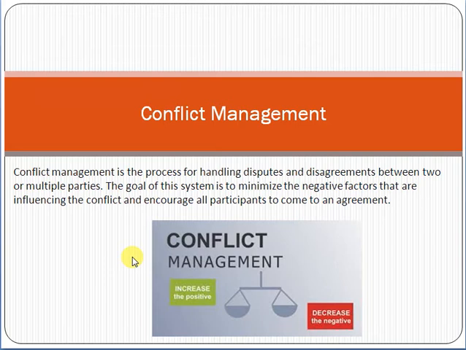Always remember that conflicts mean disagreement between two parties or multiple parties. And as a project manager, you must work as a catalyst between the two teams or multiple teams, and you have to resolve the conflict.